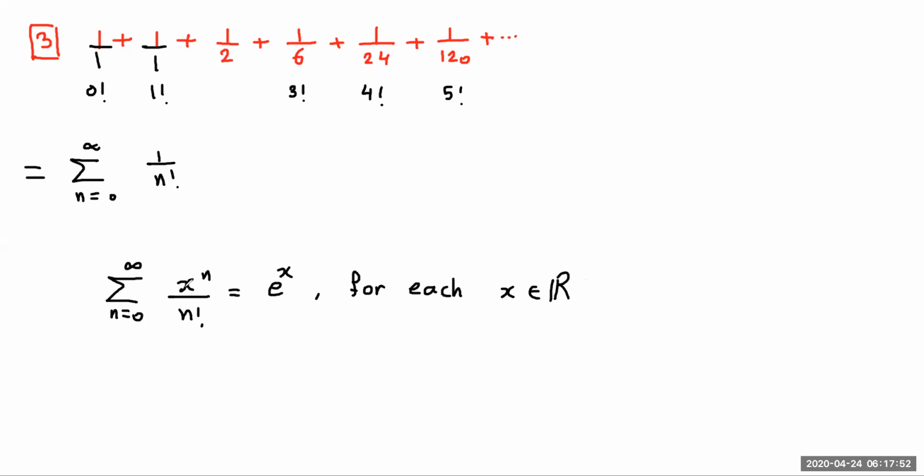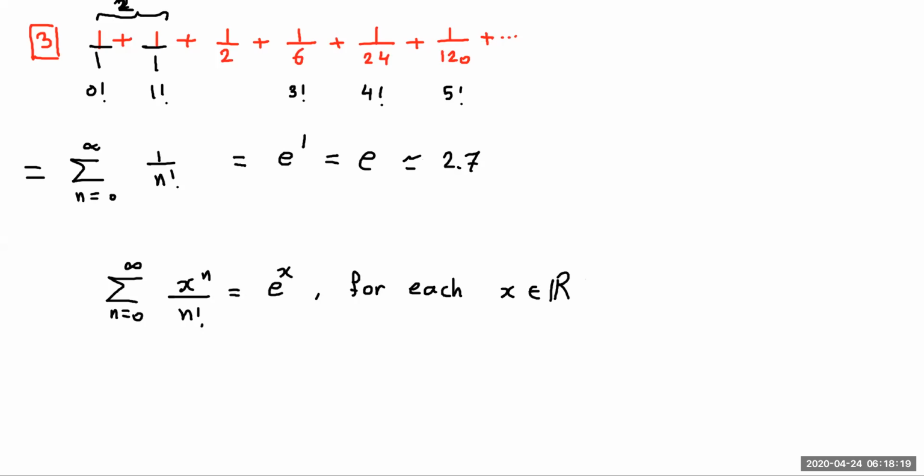Here, if I take x equal 1, I will have e power 1, so the answer is e, nearly 2.7. If you calculate using a calculator, if you take the addition 1 plus 1 plus a half plus 1 over 6 plus 1 over 24, this will approach 2.7.